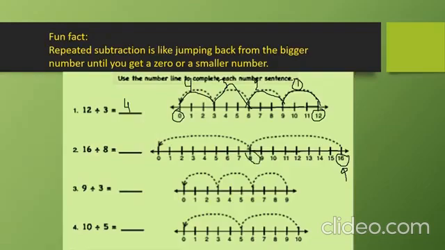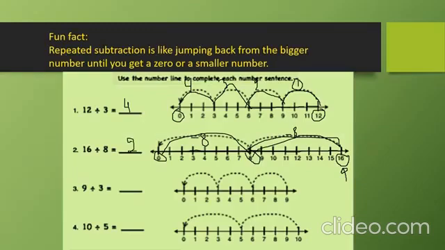So here we have the first jump. 16 minus 8 equals 8. Then 8 minus 8, we get 0 here. So 8 minus 8 equals 0. Let's count the jumps. 1, 2. So 16 divided by 8 equals 2.